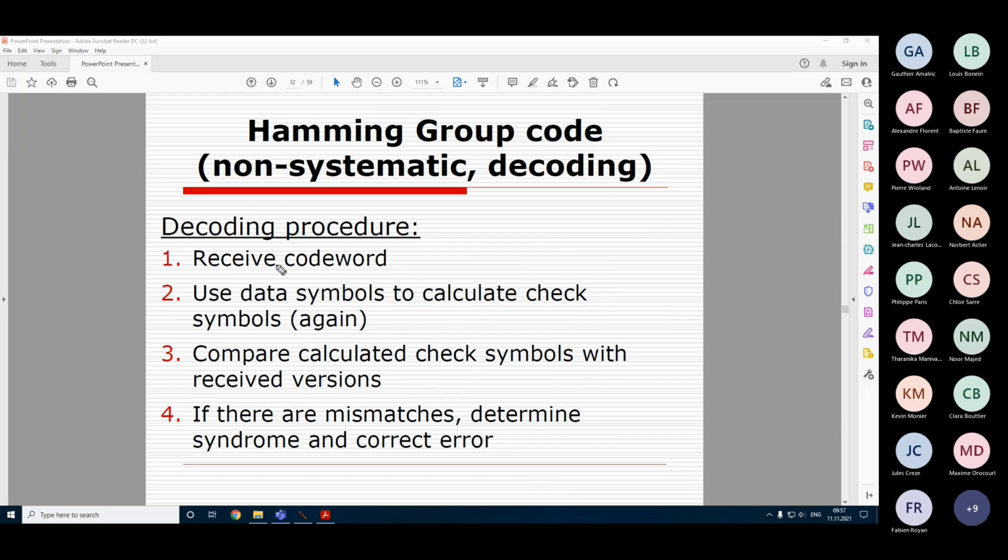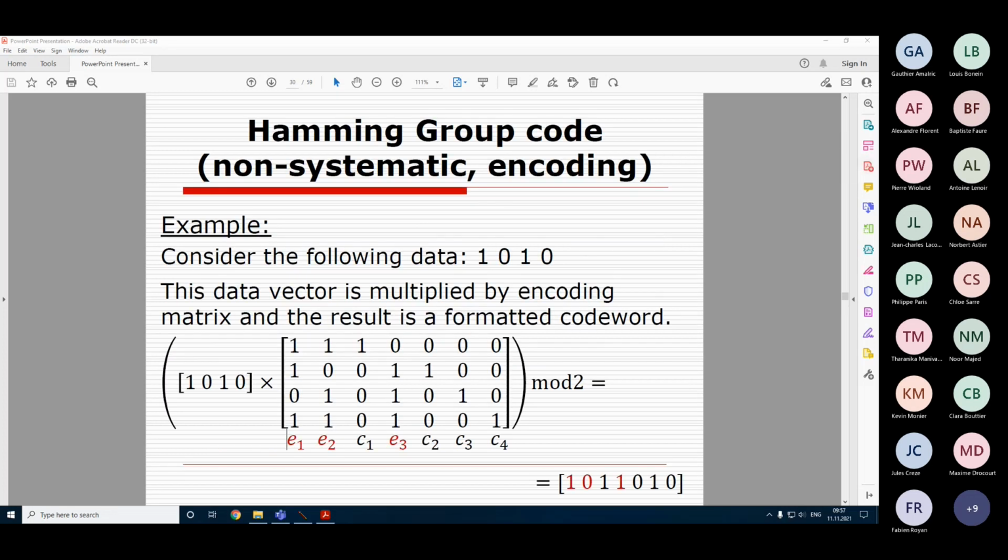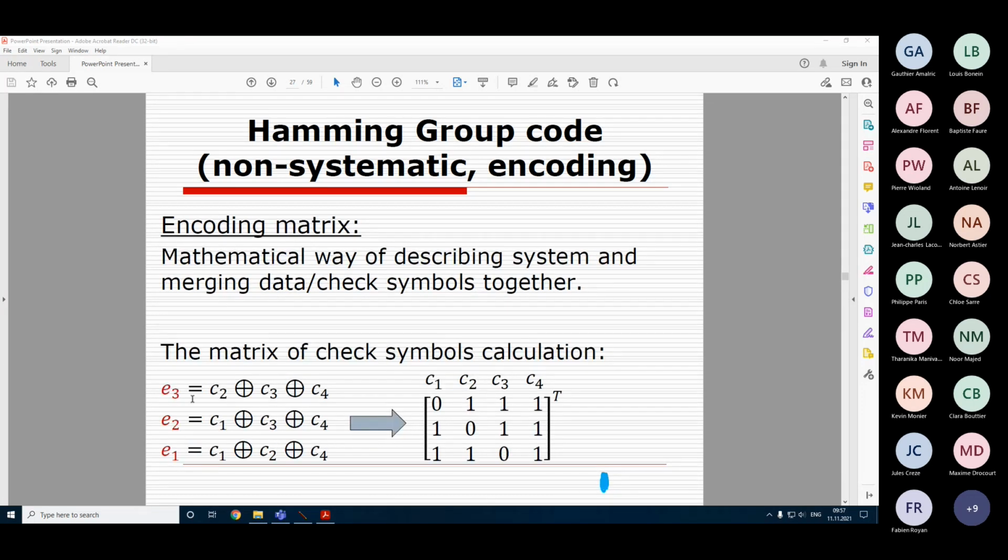So how does the decoding procedure work in general? First we receive the code word, then we calculate check symbols again. The idea is, for example, that if this symbol has changed, then obviously if we repeat the coding procedure by calculating these equations and C1 has changed, we would get a result that is different from what we got before.